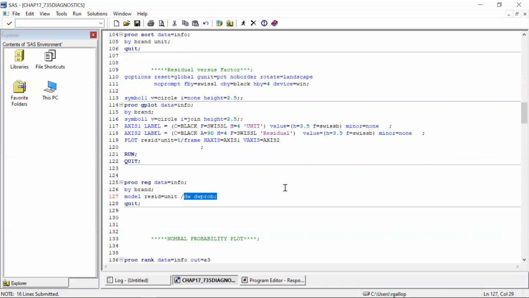So again, you guys may have seen this in 512. And maybe even the time series class, if you guys took that elective over the summer. I believe it was this past summer. But the big thing is, we're looking at line 127. And with line 127, there's these two components, DW and DW prob.